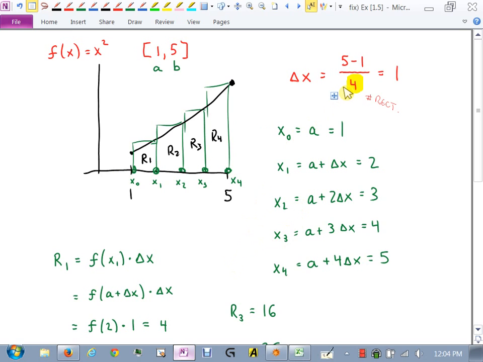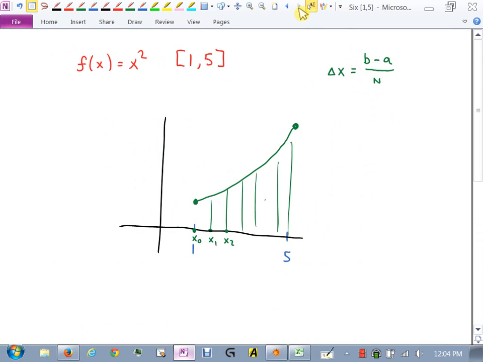How many rectangles do I have here? 4, right? I had x naught, 1, 2, 3, 4, 5 points, but it stopped at x sub 4, which means we should stop at x sub n. So we have all these points until we get to the last one, x sub n. Y'all still following me?